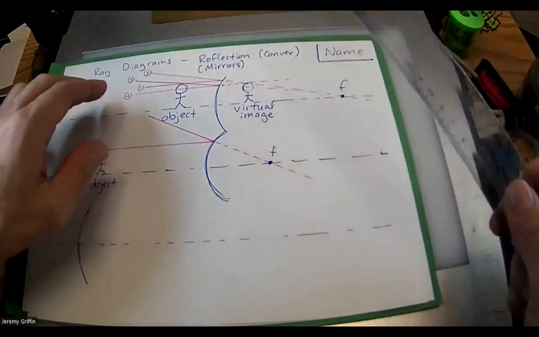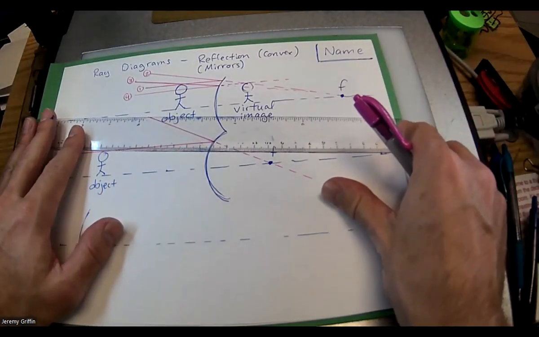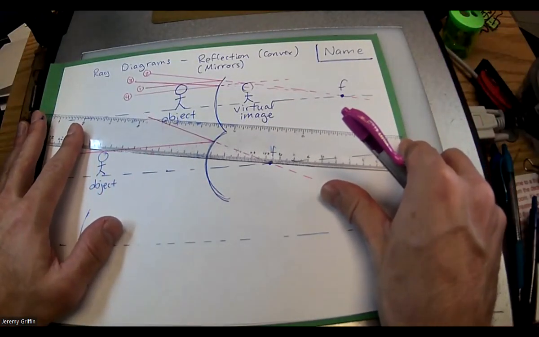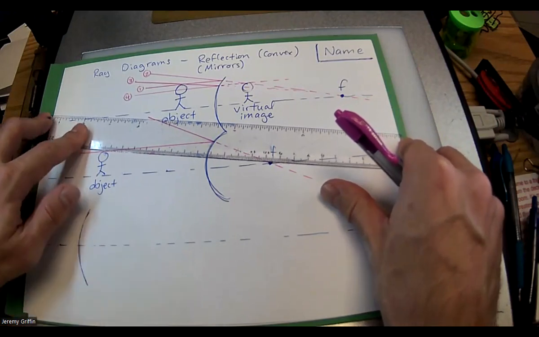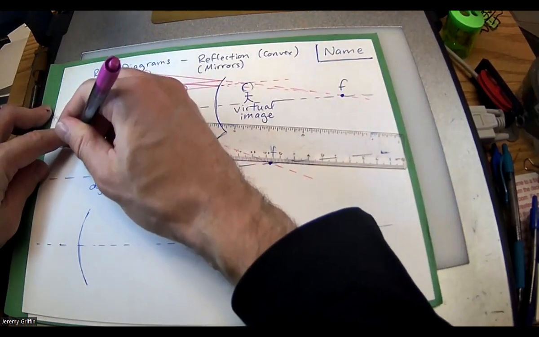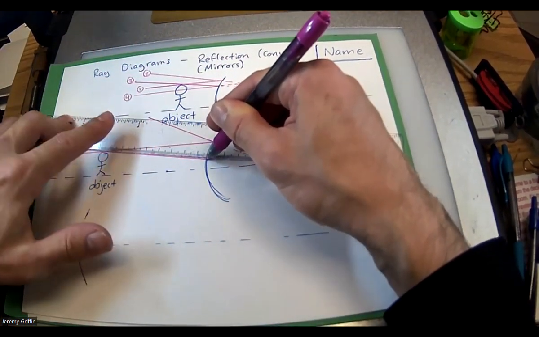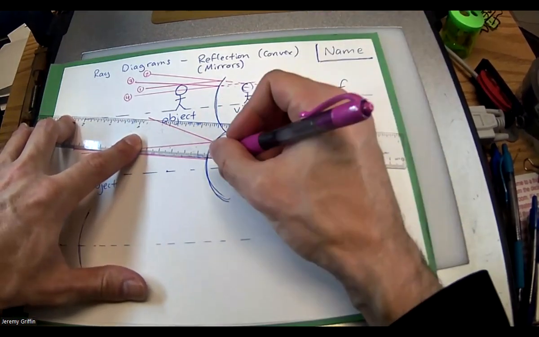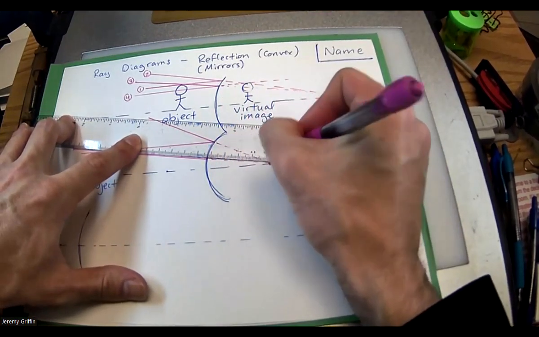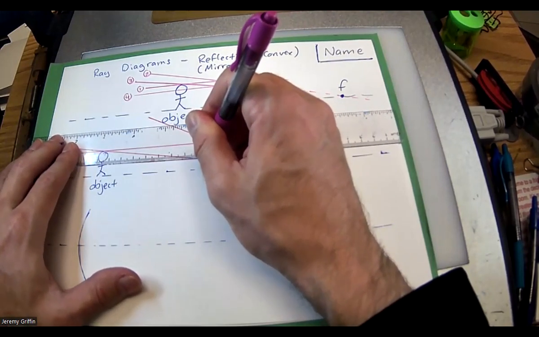But remember what we did after that: we started over at the top of his head and aimed straight for the focal point. We got this laser light, we're going to aim it down a little bit, aim straight for that focal point. Of course, once it hits the mirrored surface, it doesn't actually cross it, even though we're aiming for that focal point. It's going to bounce off parallel to the ground.